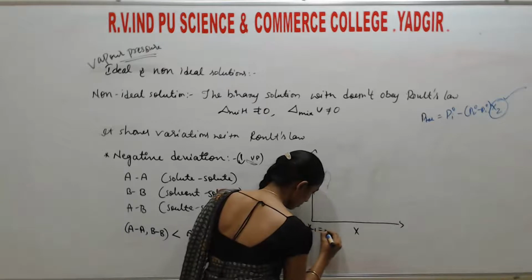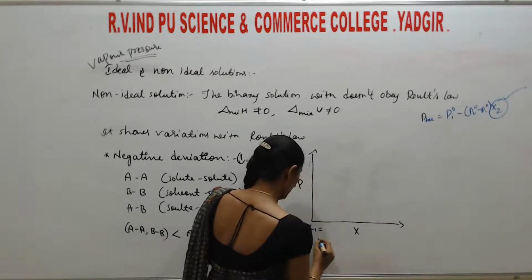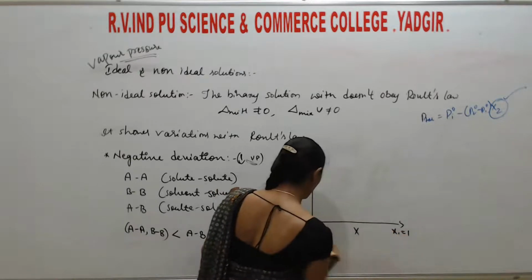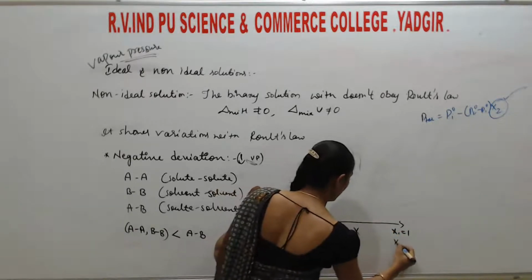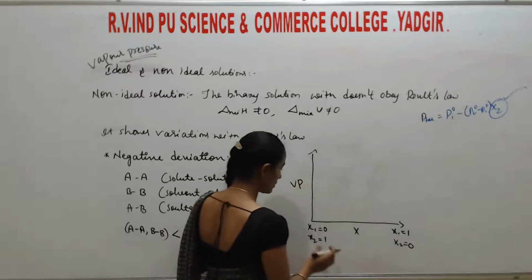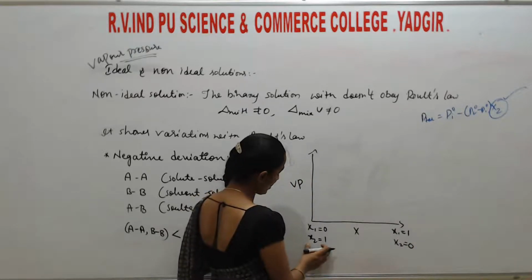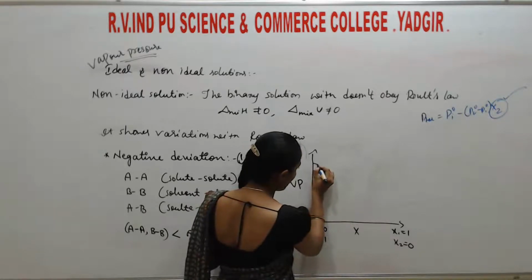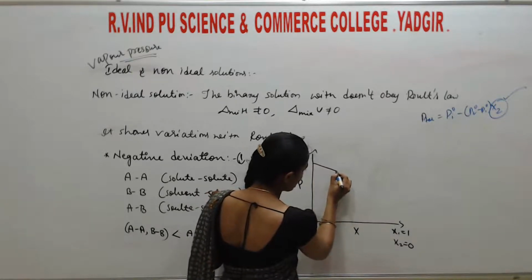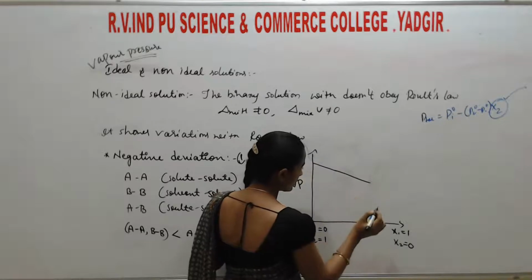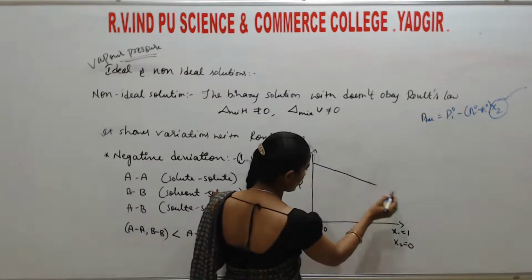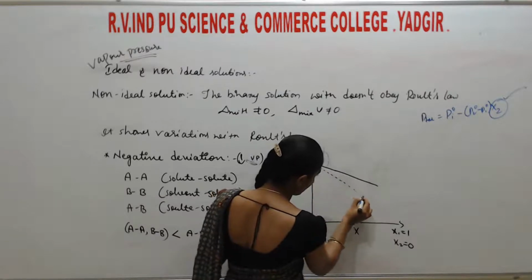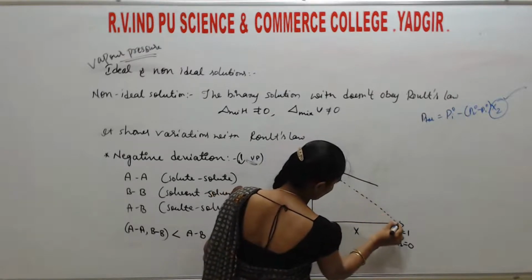X1 is equal to 0, X1 is equal to 1, X2 is equal to 1, X2 is equal to 0. It always depends on component 2, so the graph decreases, it is in this form.